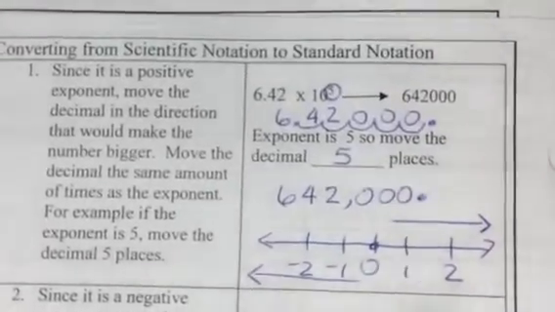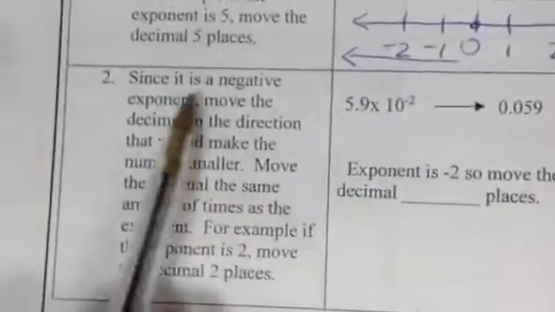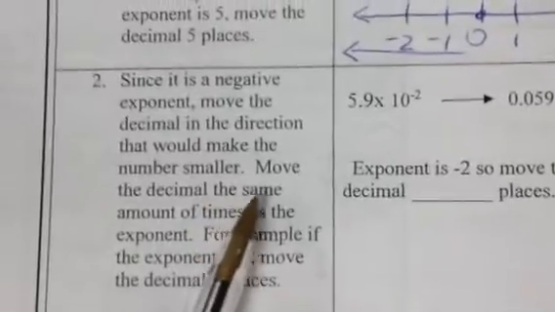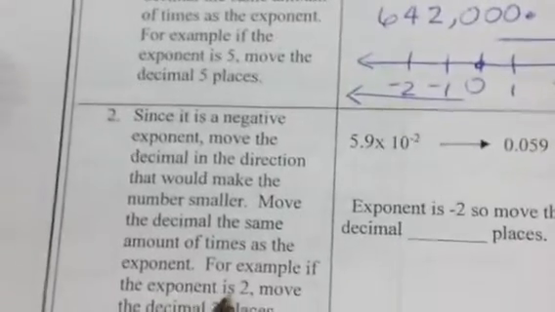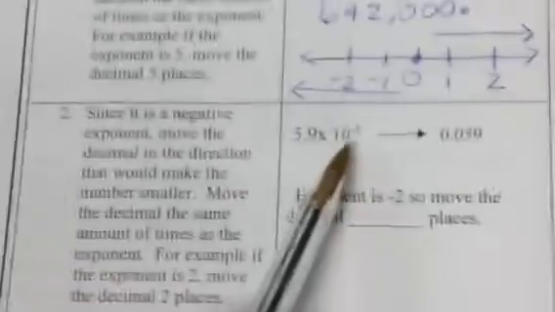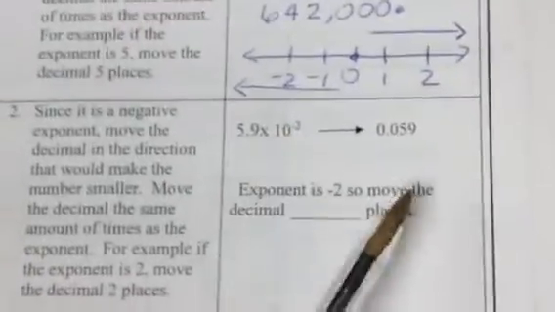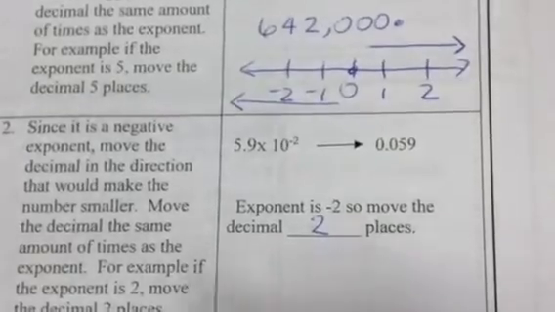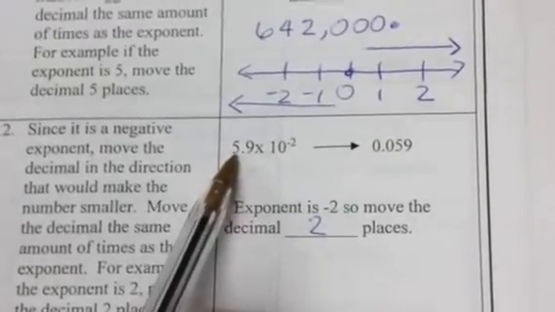All right, now if you have a negative exponent, you move the decimal in the direction that would make the number smaller. You move the decimal the same amount of times as the exponent. If you have the exponent of 2, you move the decimal 2 places. So here the exponent is a -2, so you move the decimal 2 places in the direction that would make that number smaller.